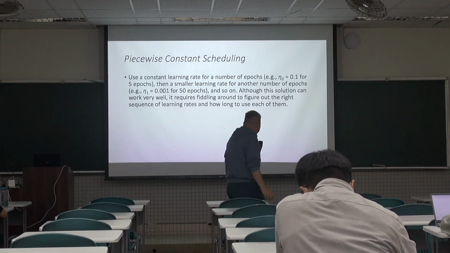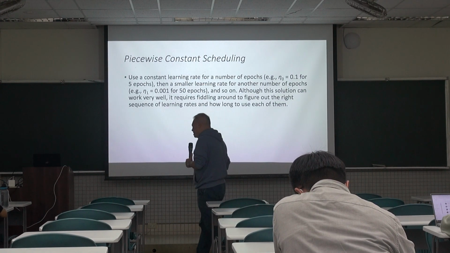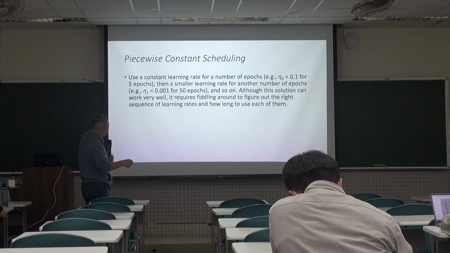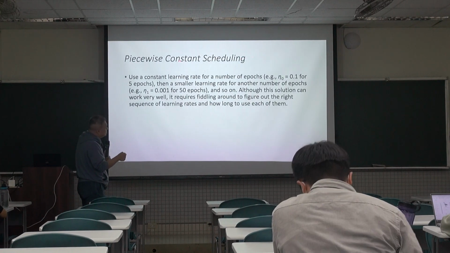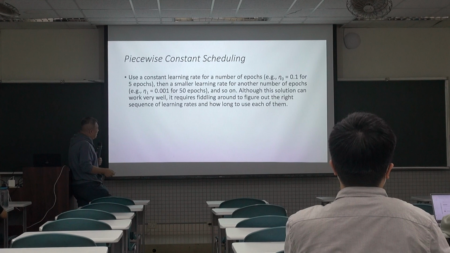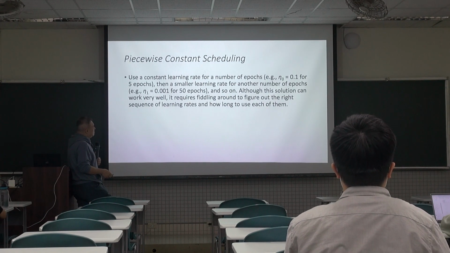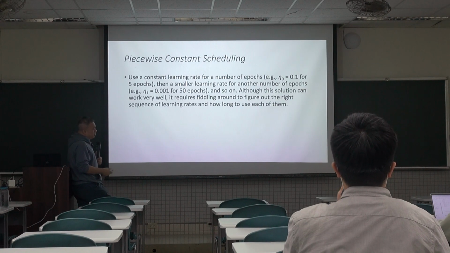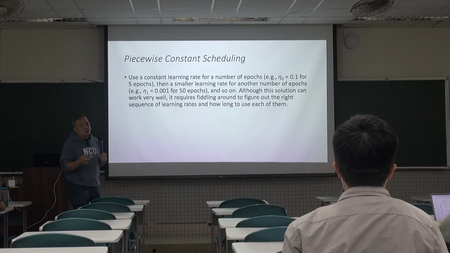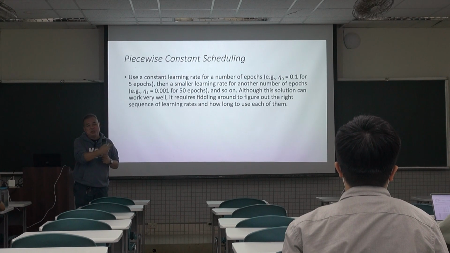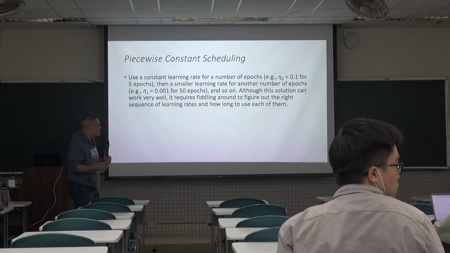So we end up needing to find a lot of hyperparameters in piecewise constant scheduling. To be honest, this is not that easy to decide, because originally our issue was to find the optimal learning rate. Now we need to find a lot of good values. So this is actually not that helpful.